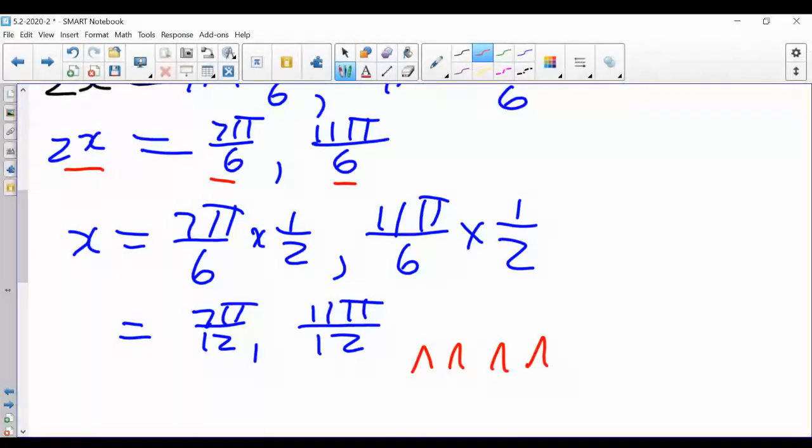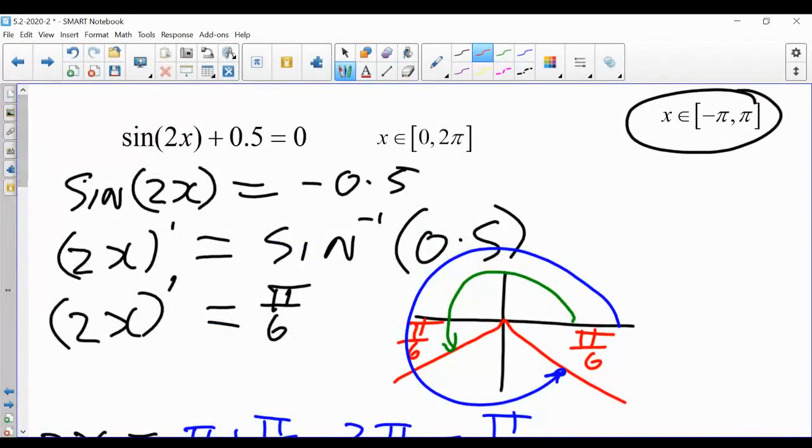So here's what we do. It's very simple. Instead of only going from 0 to 2 pi, we're going to multiply both sides of this domain by 2. So we're not just going to look between 0 and 4 pi.